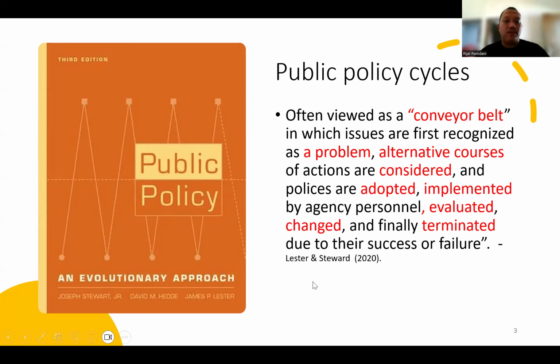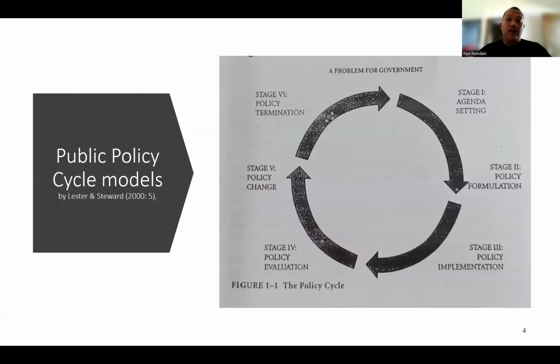You can also read the book from Joseph Stewart, Public Policy: An Evolutionary Approach. So here you are, the cycles of public policy. If you can see here, the first is agenda setting.